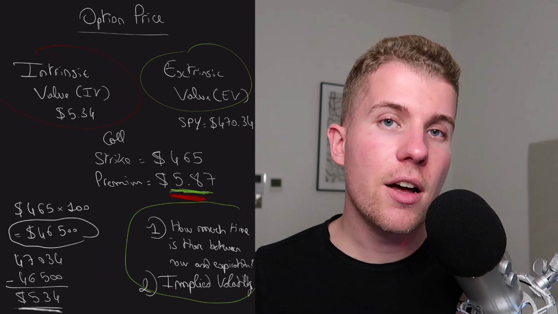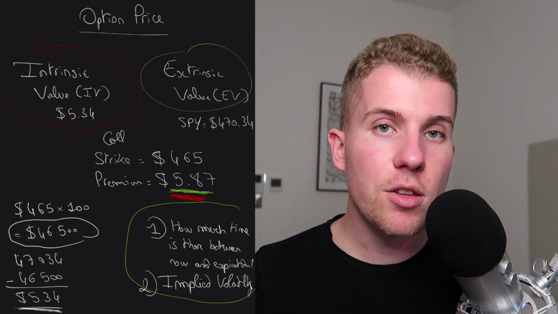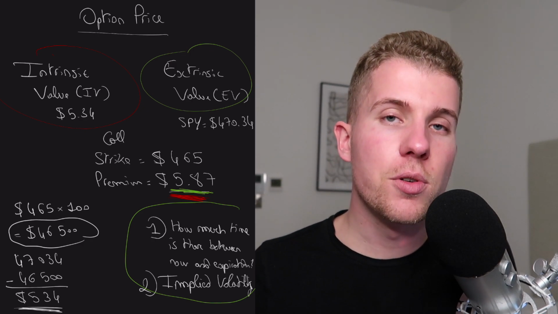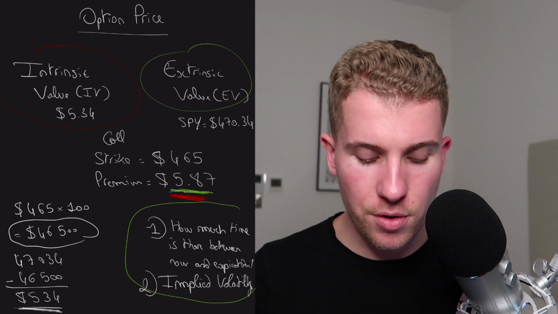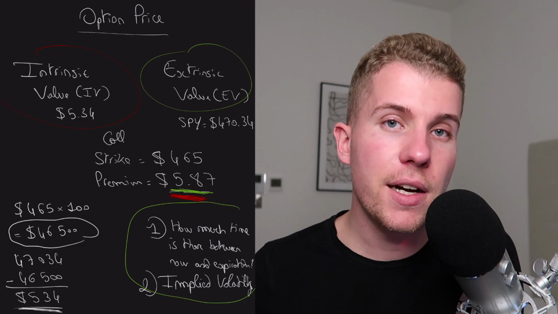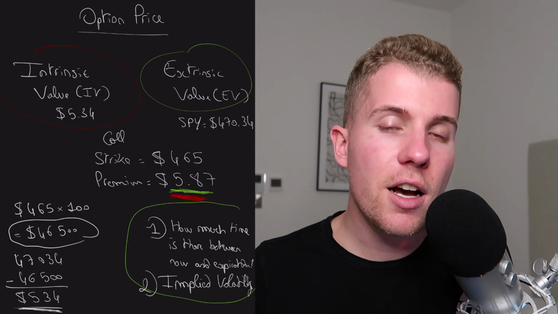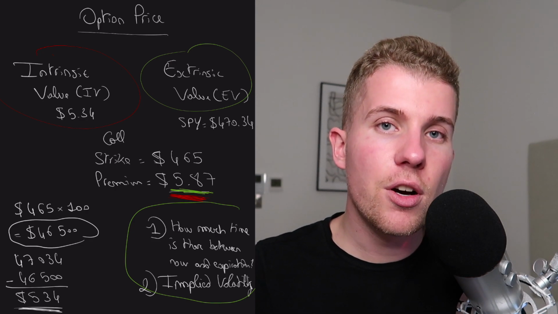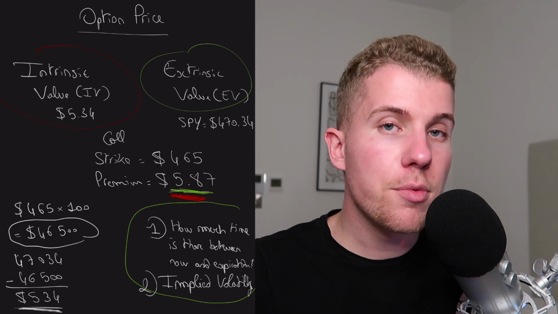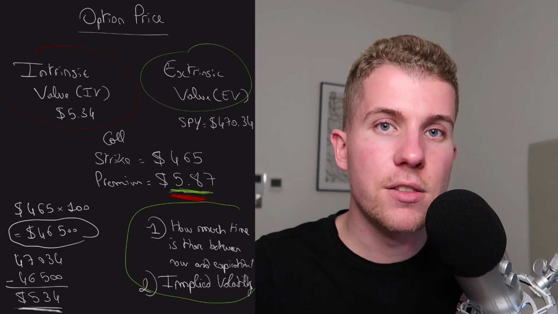One thing to mention is that only options that are already in the money have intrinsic value. And of course, as we saw before with our example of our SPY option that was already in the money by $5.34, only options that are in the money have intrinsic value, because intrinsic value only refers to the value that an option would have if it was being exercised today.